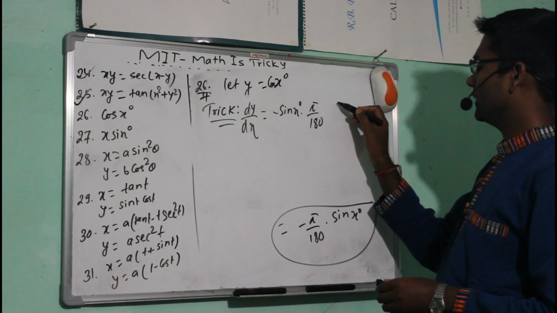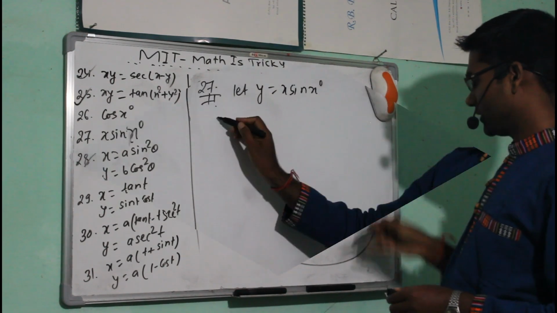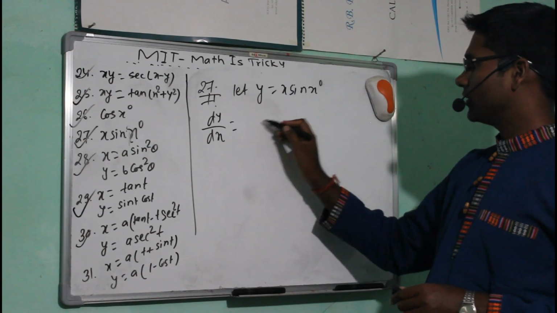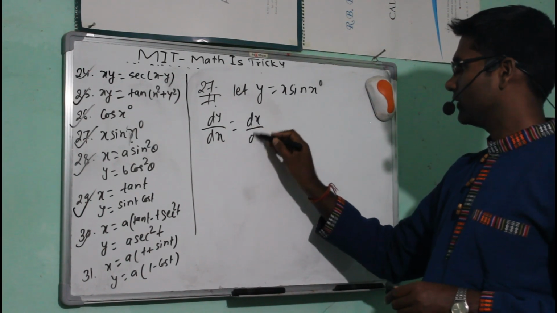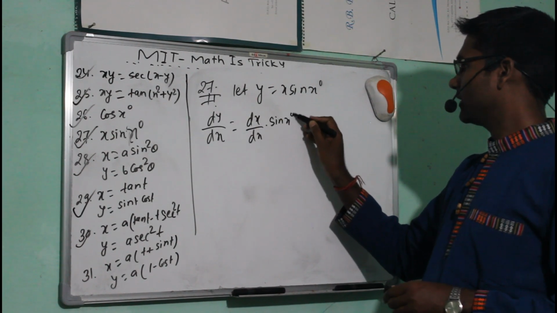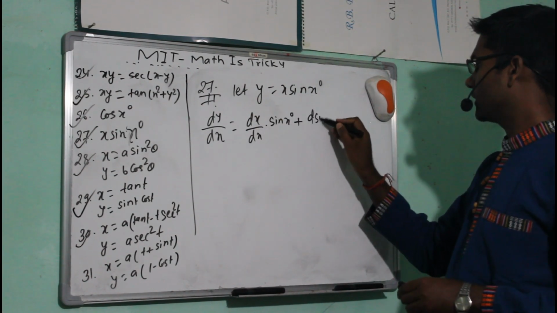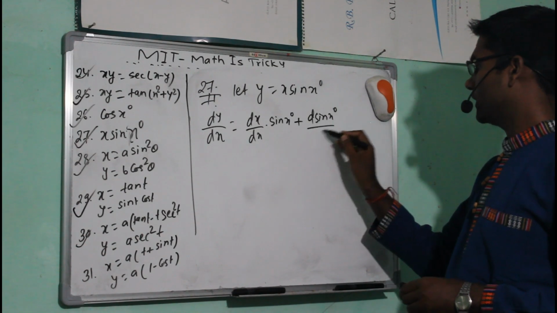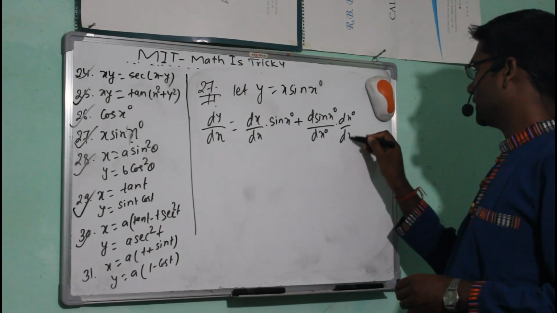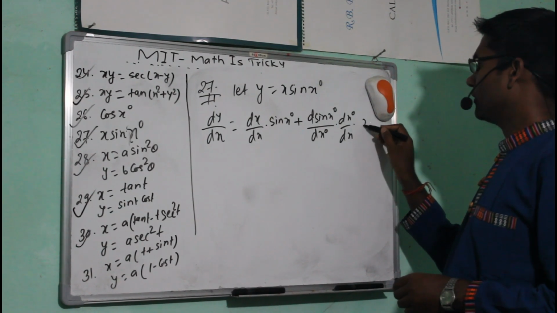Now the derivative of x is 1, so to find dy by dx, let's differentiate this using the product rule. So dx by dx into sin x degree plus d sin x degree by dx into x.